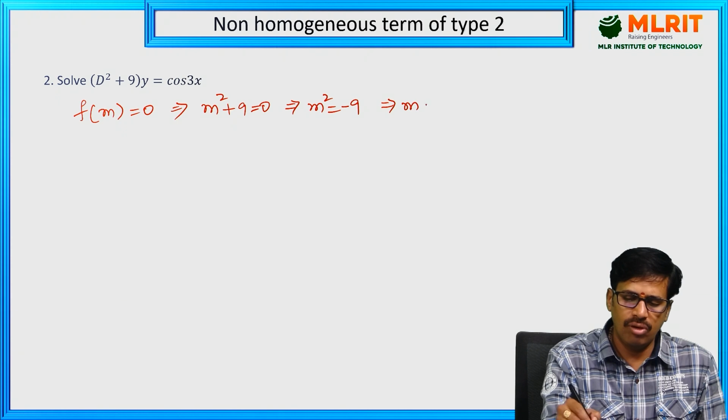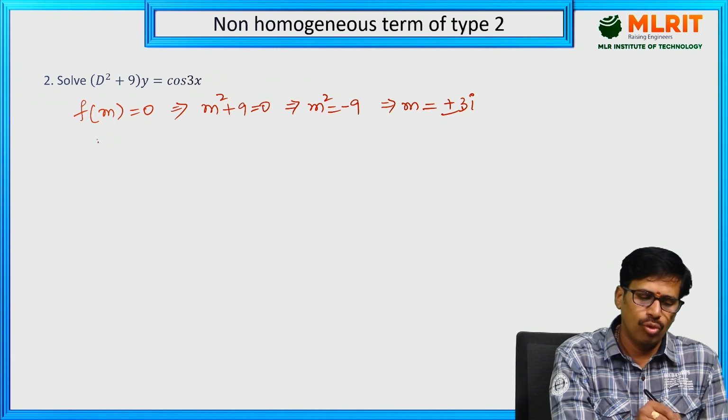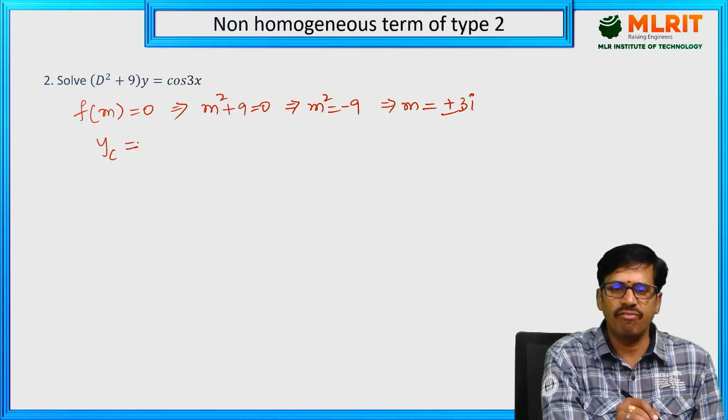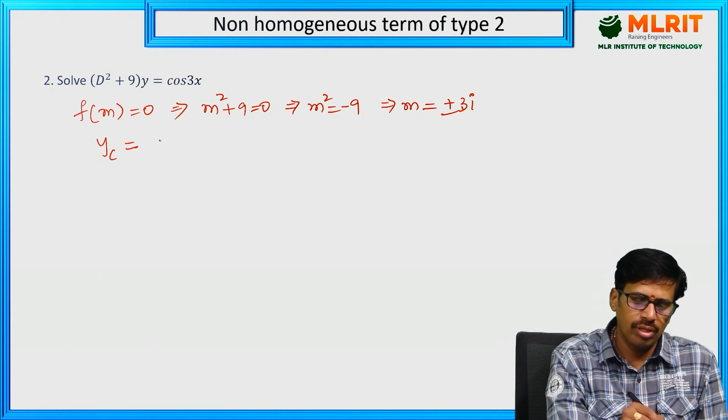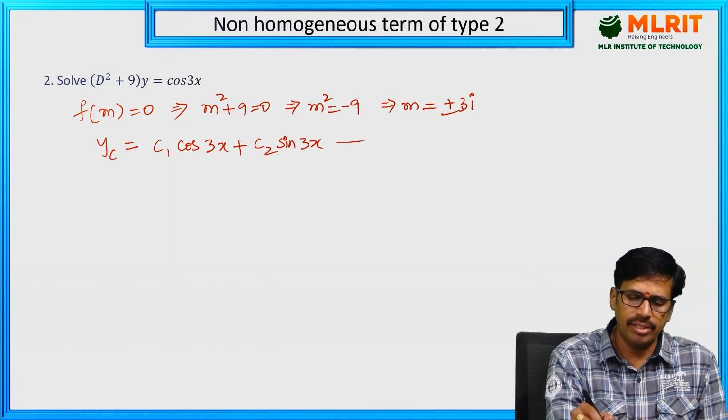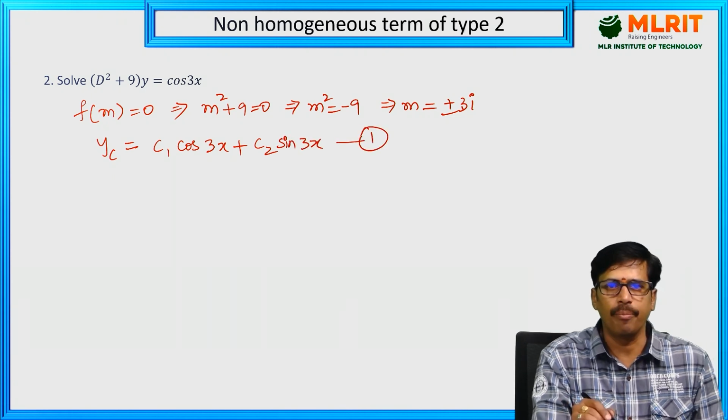So m is equal to plus or minus root of minus 9, that is 3i. So we write the complementary function yc as e power alpha x, alpha means 0, into c1 cos beta x, beta means 3, plus c2 sin beta x, that is sin 3x. Let it be equation 1.